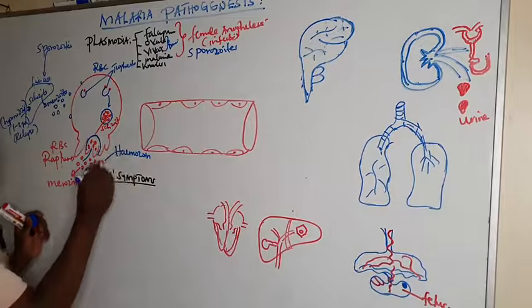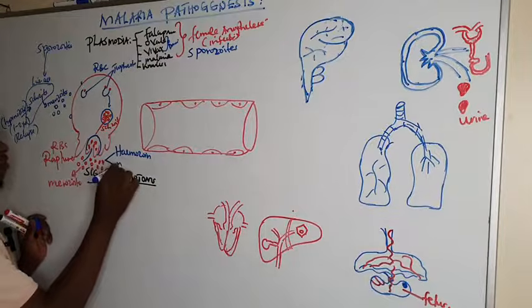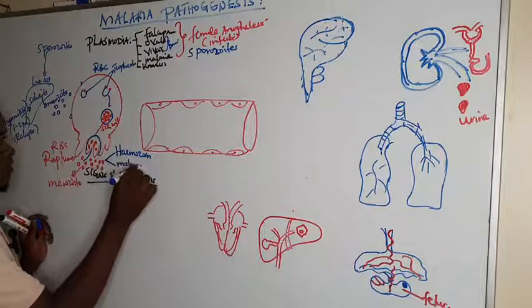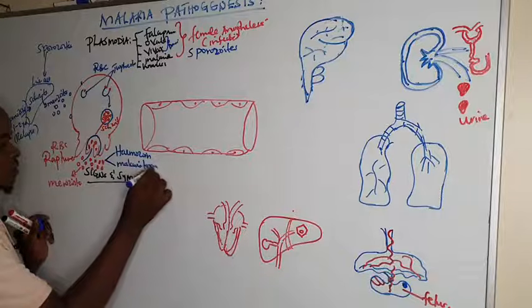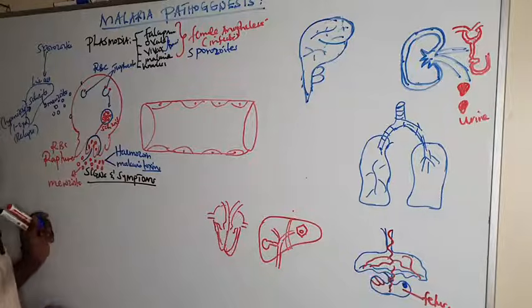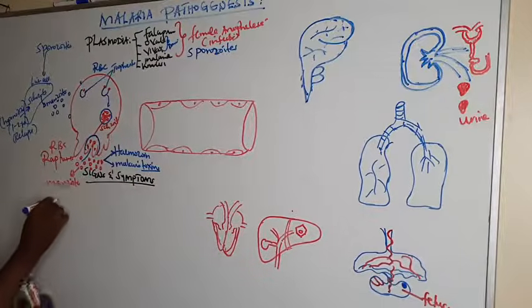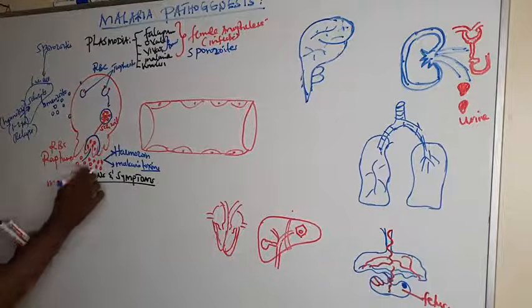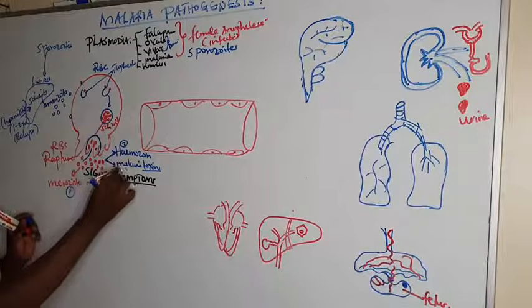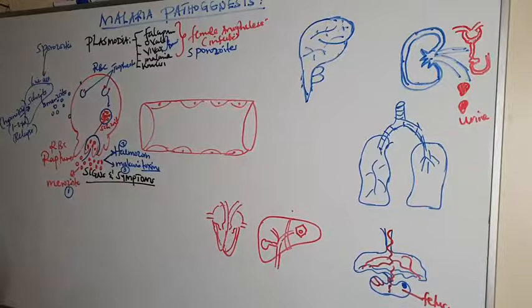It forms hemozoin, and at the same time we form what we call malaria toxins and some reactive oxygen species. So these are the three things which are released. The first is the merozoites, the second is the hemozoin, and the third is the malaria toxins.